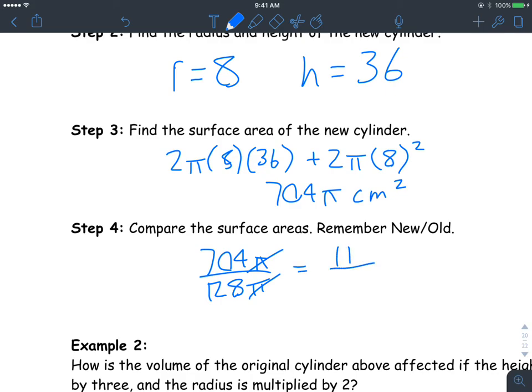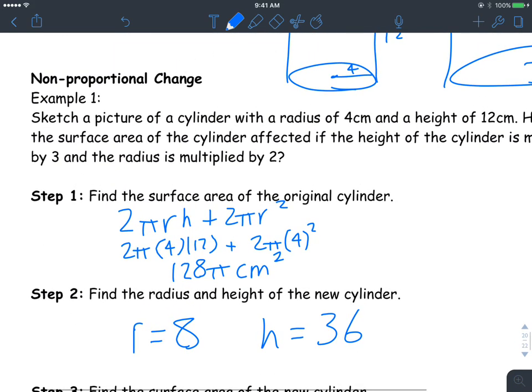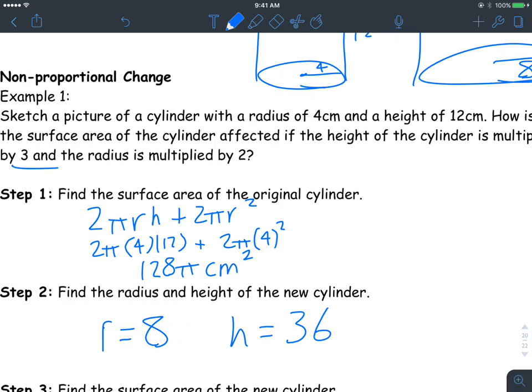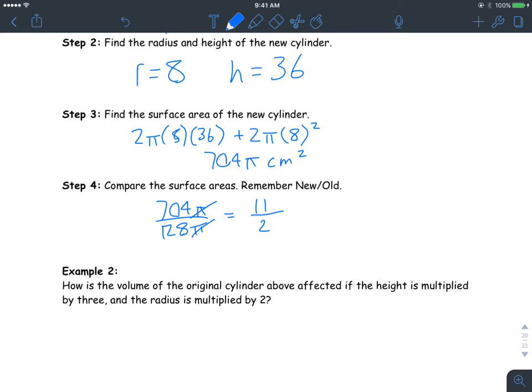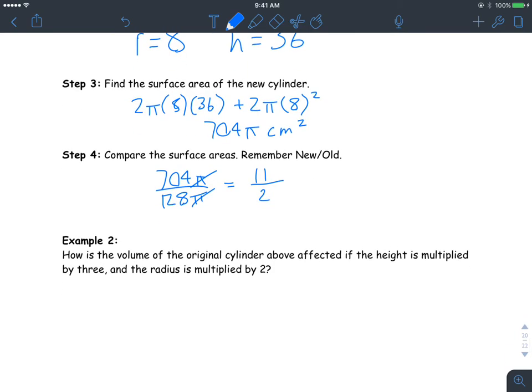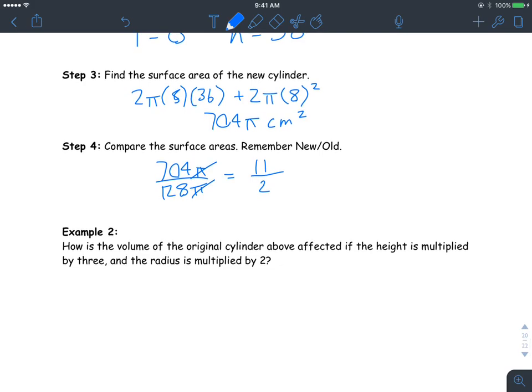And then when you reduce the fraction, you're going to get 11 over 2, which doesn't really play into the fact that we multiplied by 3 and multiplied by 2 for your different side lengths there, or I guess the height and the radius. So there's not really a connection there, and that's kind of the whole point of this. There's not a shortcut to find the new surface areas.